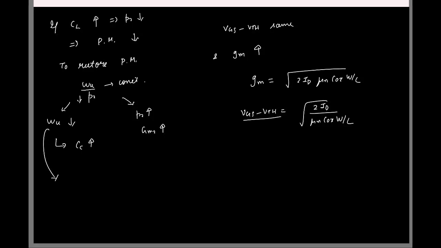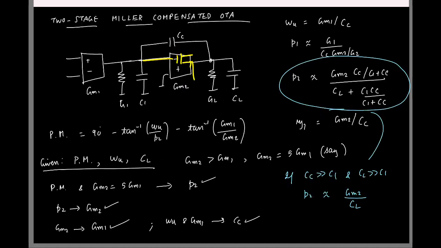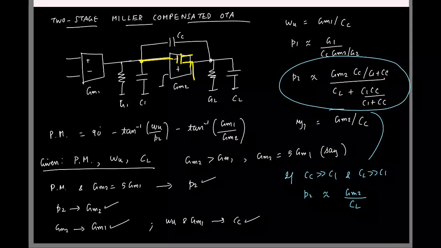One minor thing: this is nice, you can increase ID and W. But now let's say I increase W, right? What do you think can happen? This node is connected to the transistor. C1 will increase, CL will increase.